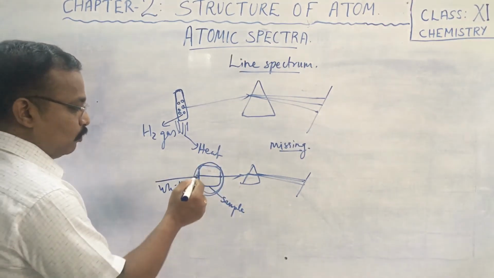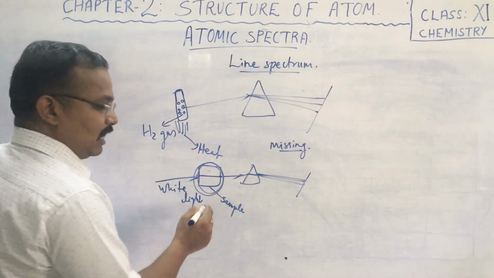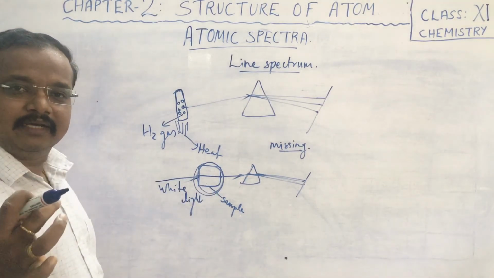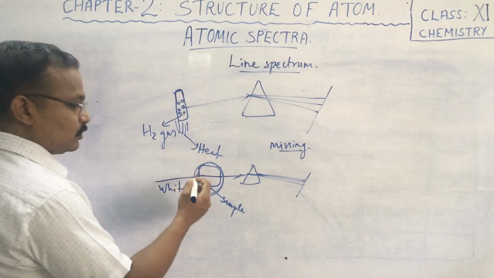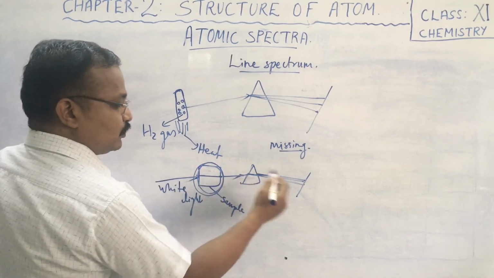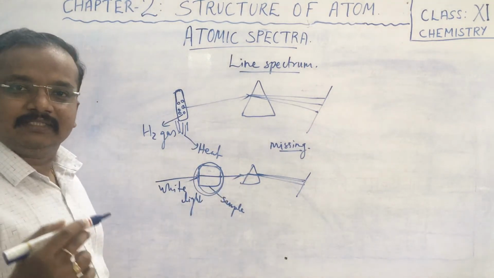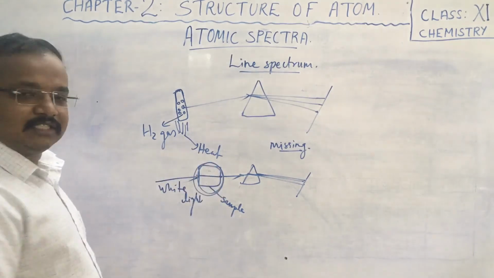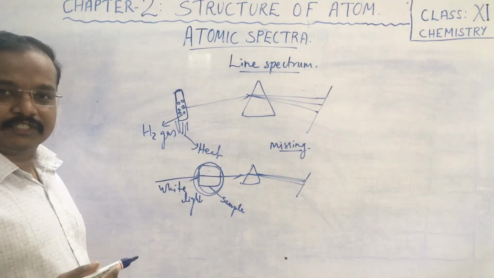The molecules or the sample absorbed certain frequencies. Because of that, only the rest of the frequencies or wavelengths emerge as the colors.